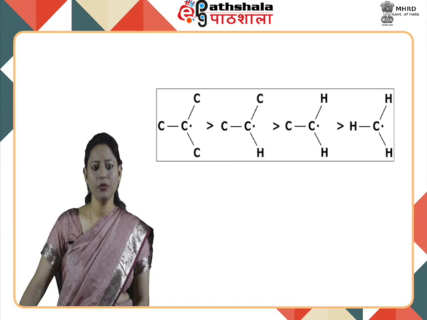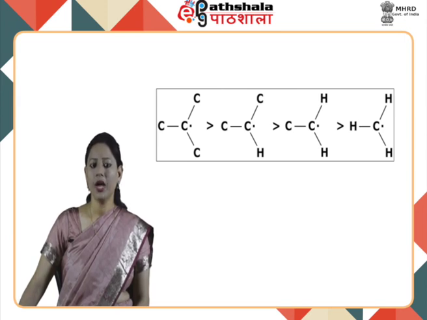Secondary butyl radical has 6 and N-butyl radical has 3 hyperconjugative structures. Greater the number of hyperconjugative structures, more will be the stability of the radical. Therefore, the order of stability is tertiary radical, then secondary radical, then primary radical, and the least stable being the methyl radical.